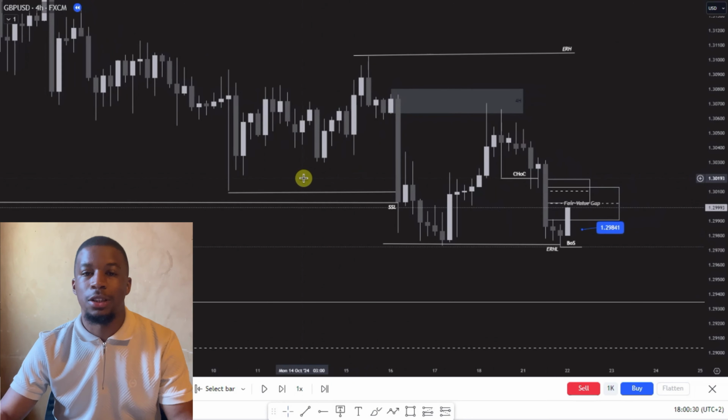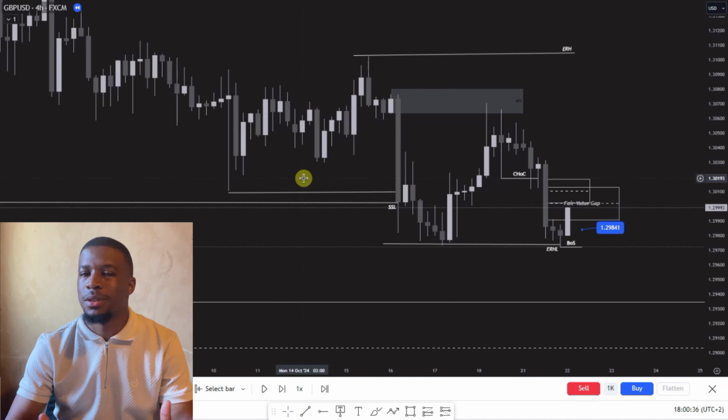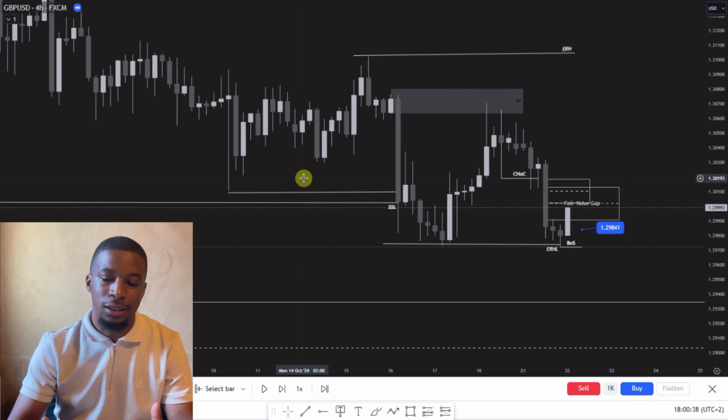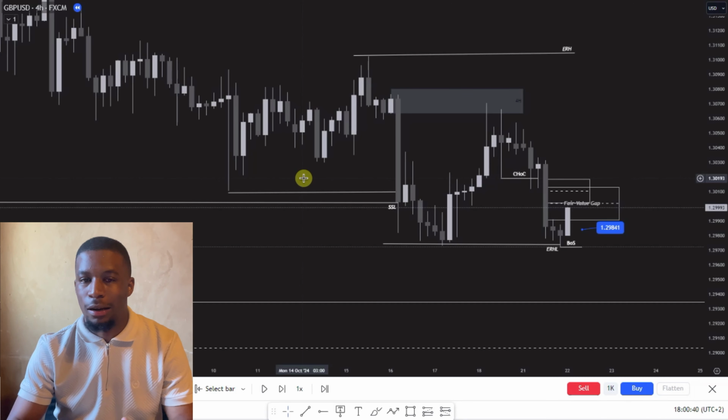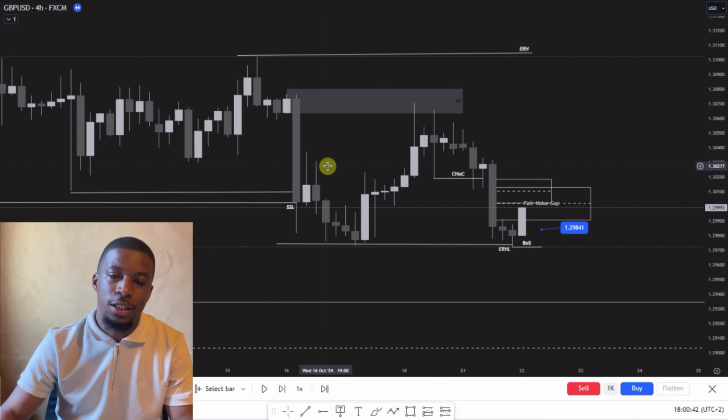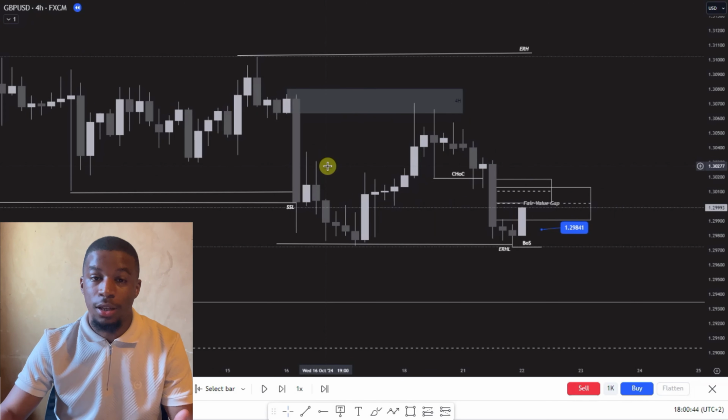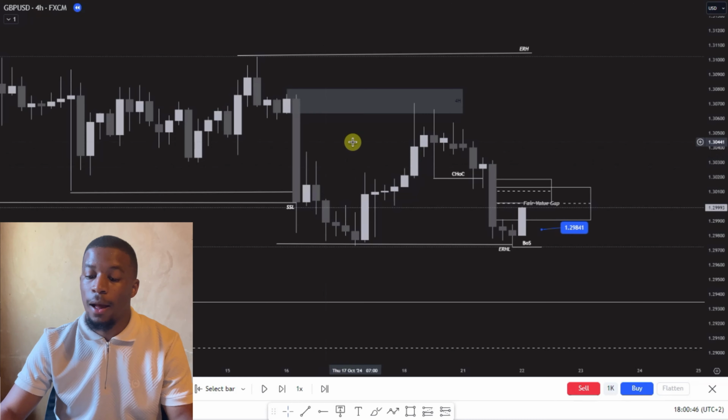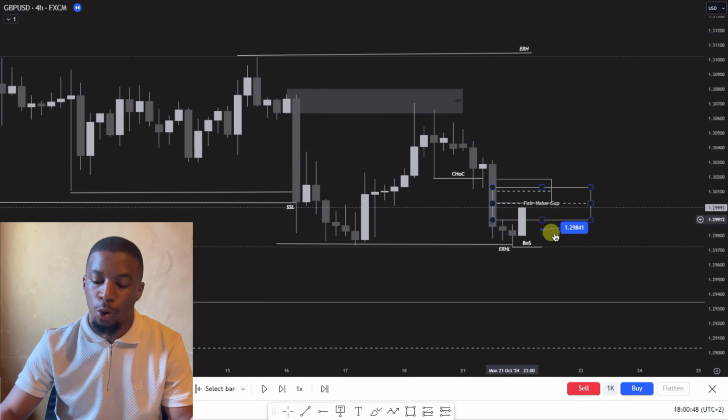So what I personally like to do is build out my criteria on the higher time frame and use the lower time frames exclusively for entries and management, nothing else, right? So I will typically trade a higher time frame point of interest, a higher time frame market, and then execute on lower time frame.